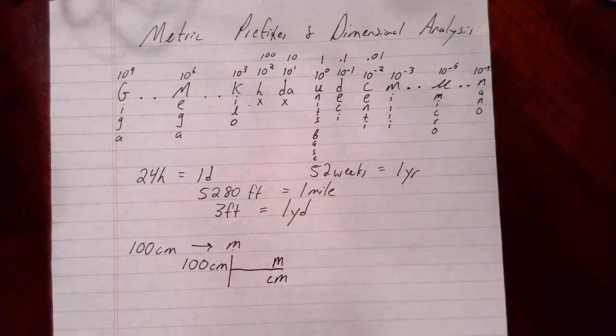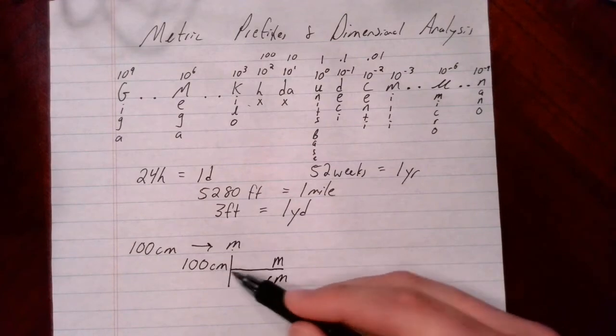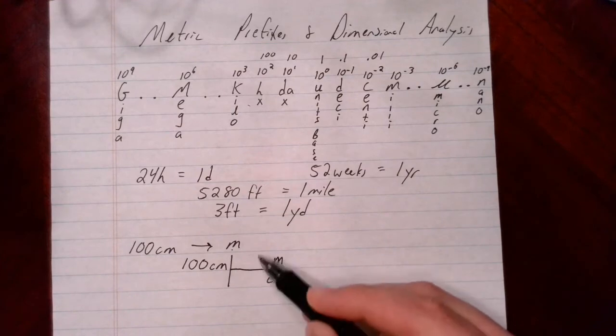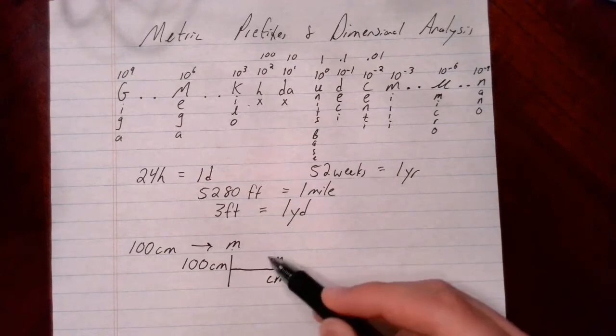So now I have to come up with a conversion factor to convert from centimeters to meters. In order for me to multiply 100 by some numbers and still have a valid answer, this has to be equal to 1. So the numerator and denominator have to be equal, just with different units.